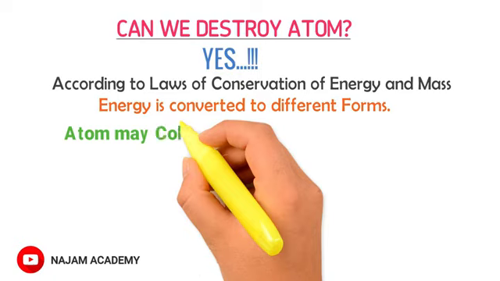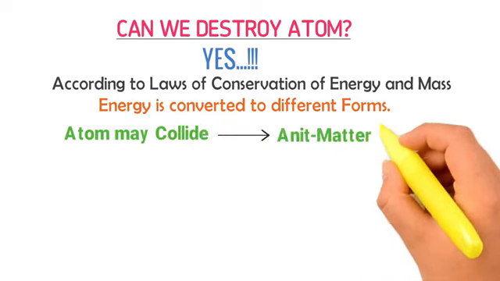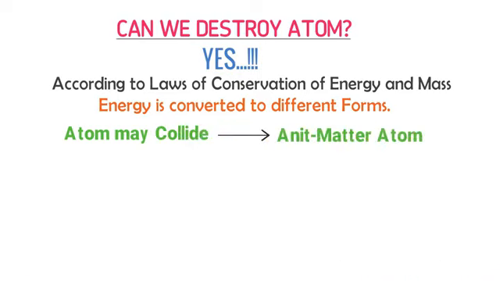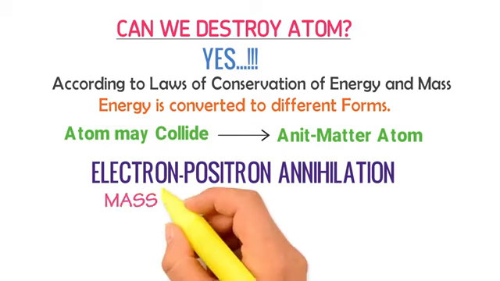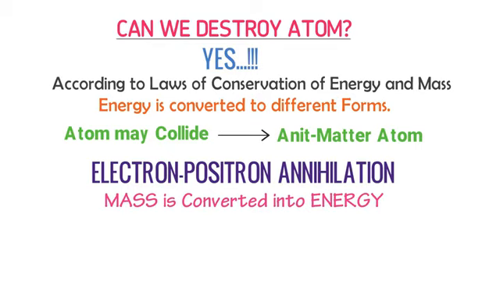For example, an atom may collide with an antimatter atom, leaving only high energy light rays, like in an electron-positron annihilation. Remember that here we assume that mass is converted into energy according to Einstein's equation. Thus, we say that we can destroy an atom according to conservation laws.